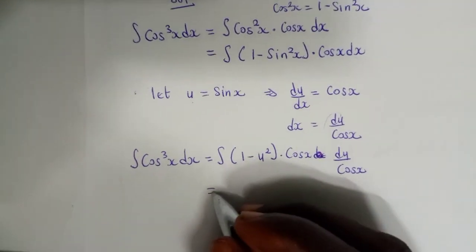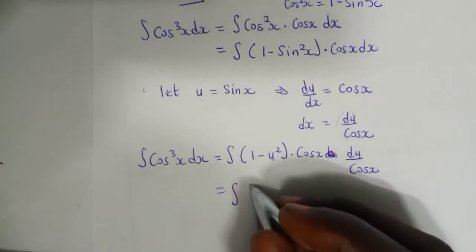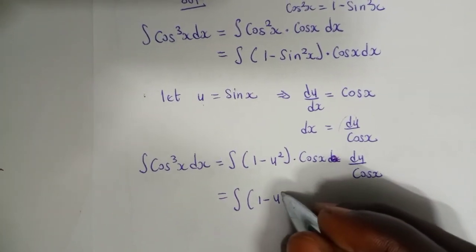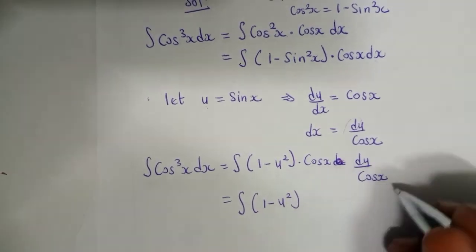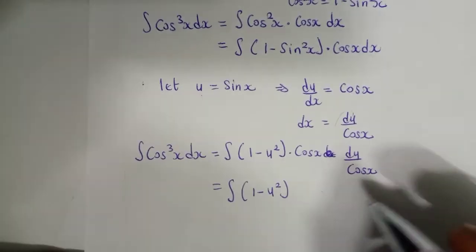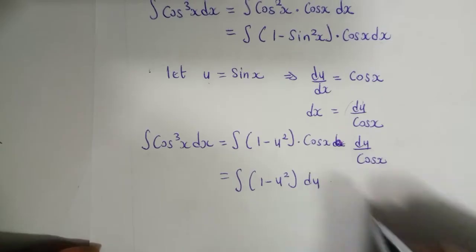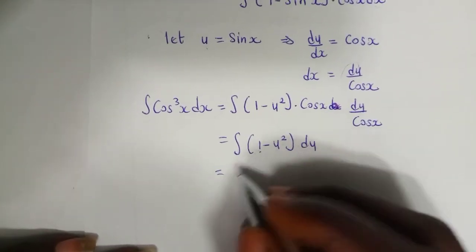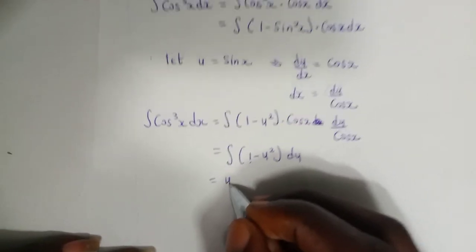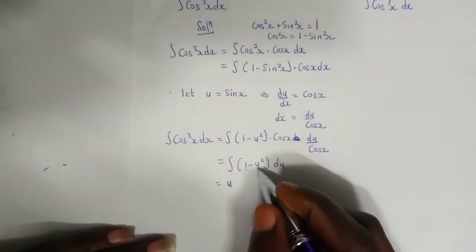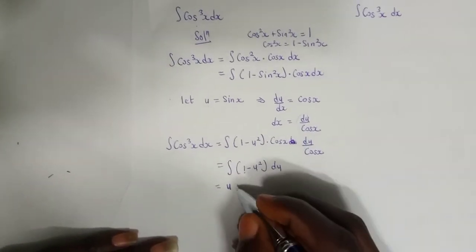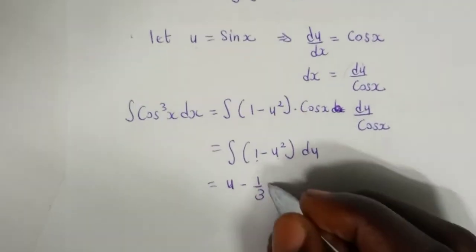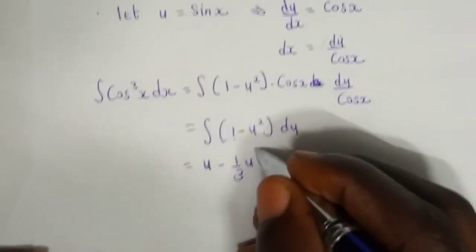So our answer will be the integral of 1 minus u squared. Cos x will cancel cos x, left with du. So the integral of 1, we are going to get u. The integral of u squared, we are going to get minus 1 out of 3 u cube.